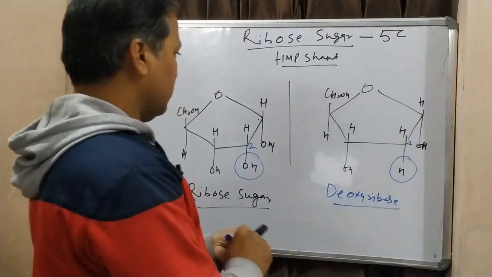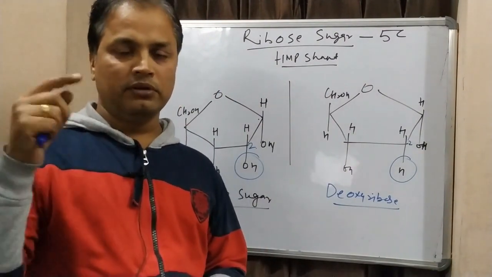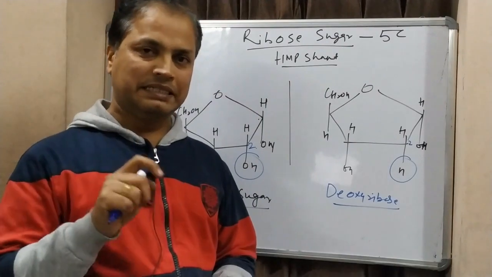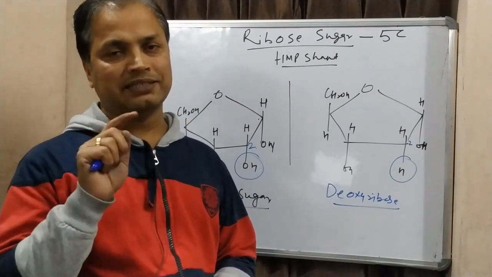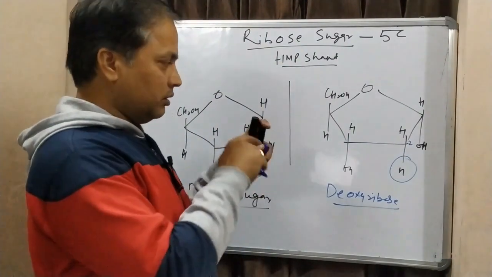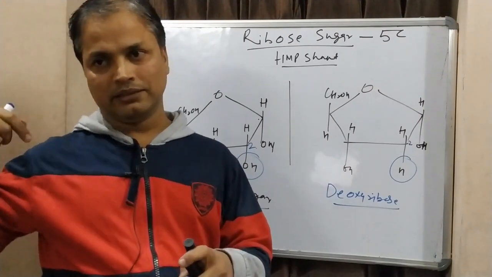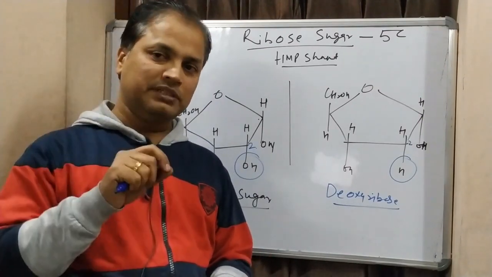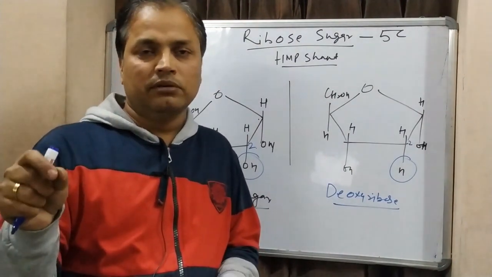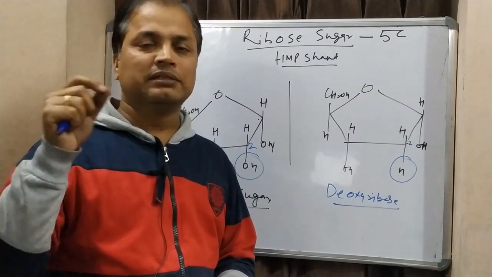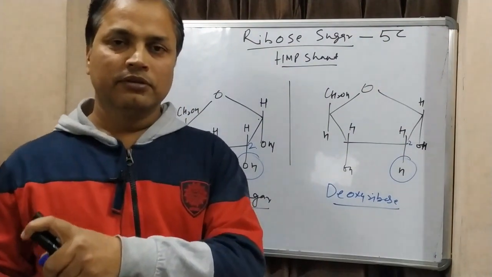When we did the numbering for nitrogenous bases, it was 1, 2, 3, 4, 5, 6, 7, 8, 9 in case of purine, and 1, 2, 3, 4, 5, 6 in case of pyrimidine. Because the sugar and the nitrogenous base are present in the same nucleotide, how do we differentiate the first carbon or first nitrogen of the base from the carbons of ribose sugar?